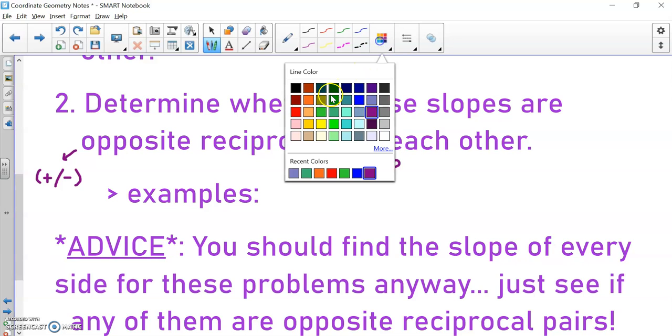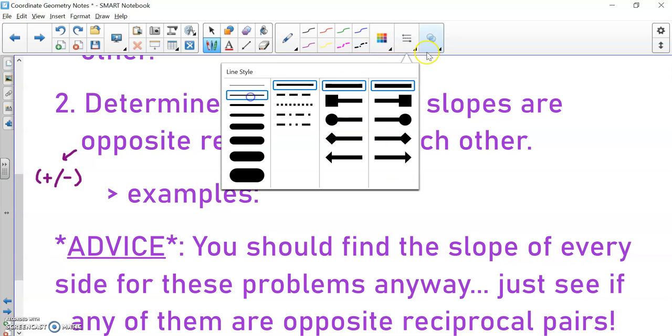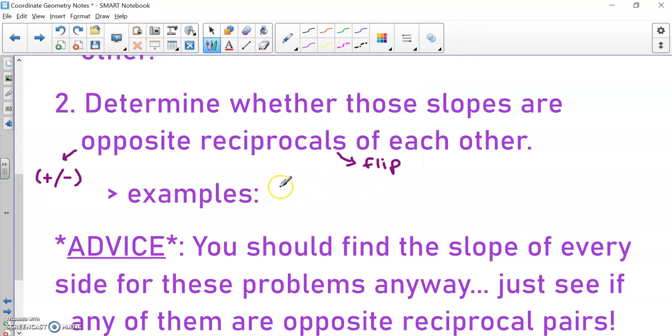All right, so let's just do a couple of examples of that. So for instance, if I had a slope of 2/3, the opposite reciprocal of that would be -3/2, right? And this is an opposite reciprocal because I flipped the top and the bottom, and I changed the sign by making it negative because it was positive before.